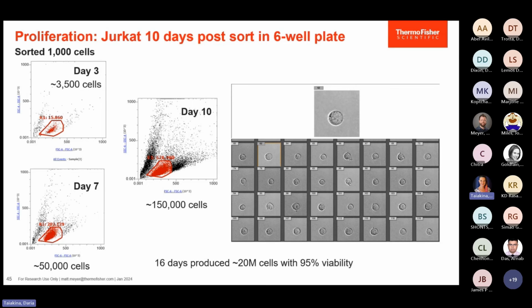We saw them proliferate into a very high quantity of cells 2 weeks and beyond post-sort. So these were ultimately cultured and had very high viabilities several weeks down the line.